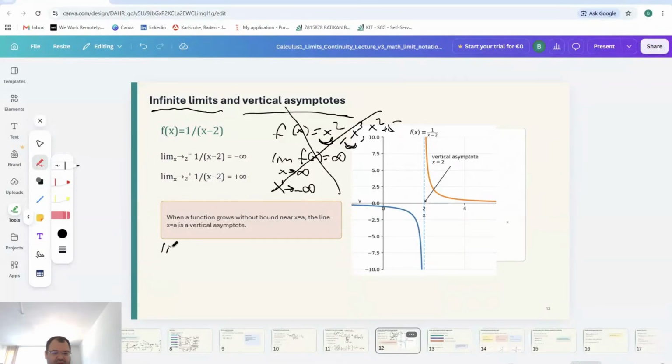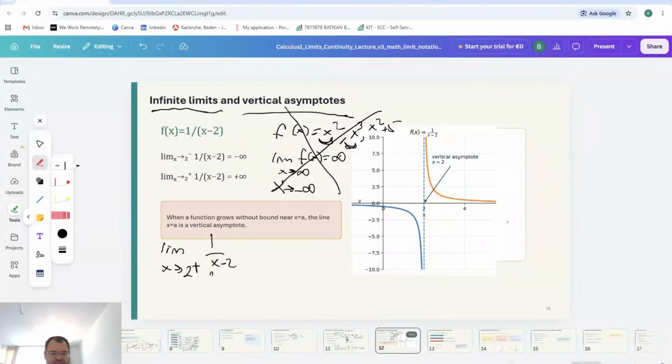Then let's calculate the limit of that function when x goes to 2 from the plus side, from the right side, of 1 over x minus 2. For this function, you cannot just put 2 as a parameter, because it makes the denominator 0, which makes the function undefined. That is why we are taking the limit from the right side. When you approach x values from the right side, that means you are using values greater than 2.